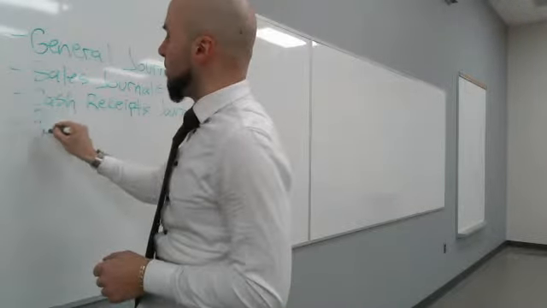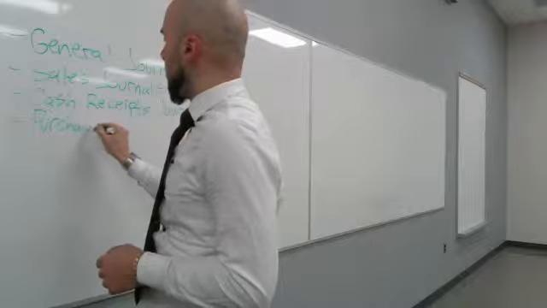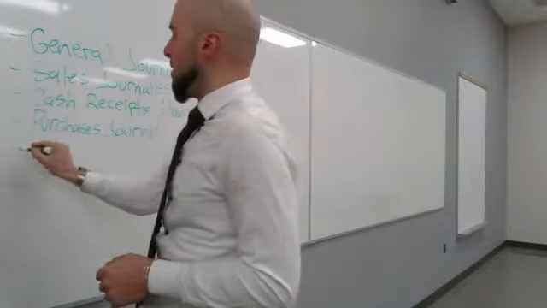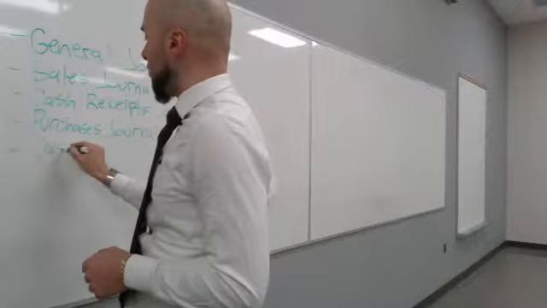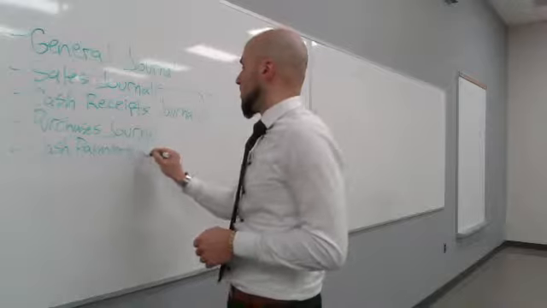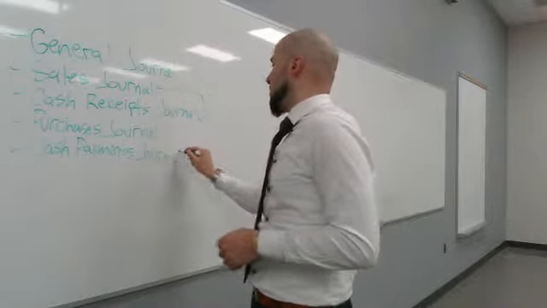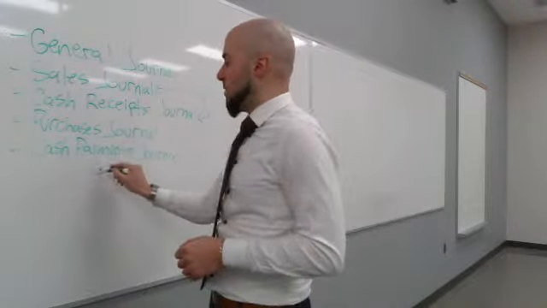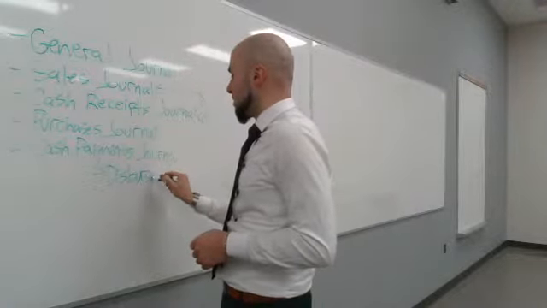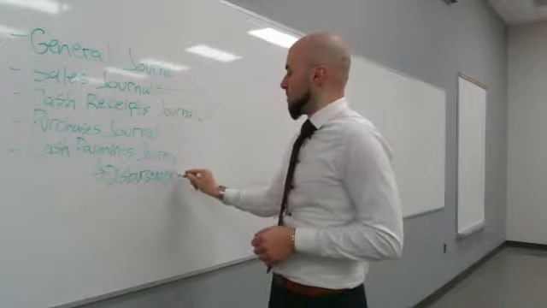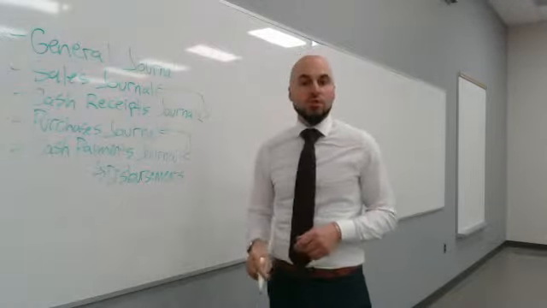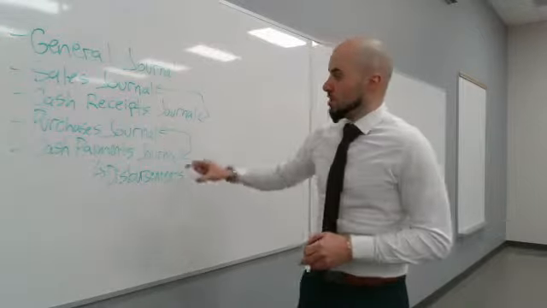Then purchases journal, and cash payments journal. Payments, you might also see sometimes, is called the cash disbursements journal. And purchases and cash payments or cash disbursements journal also go together.